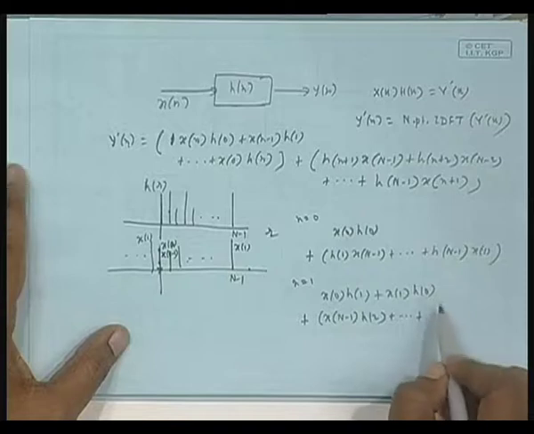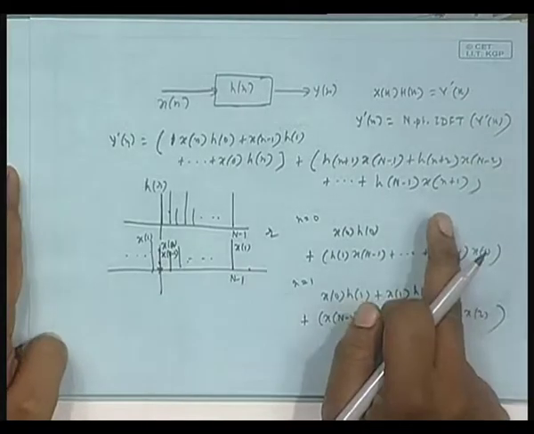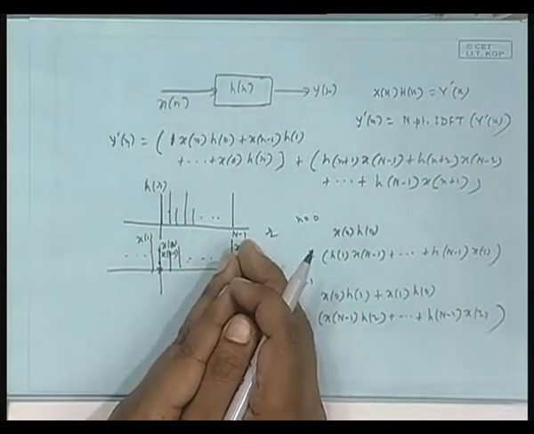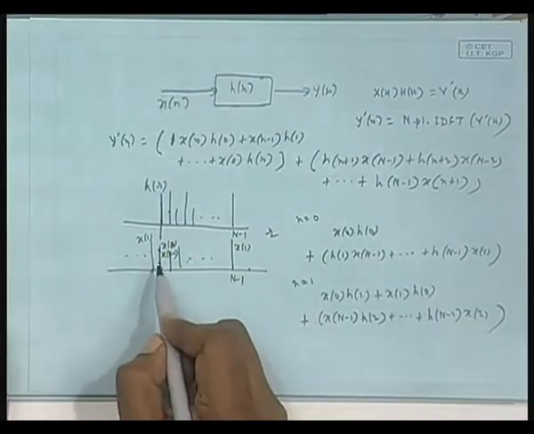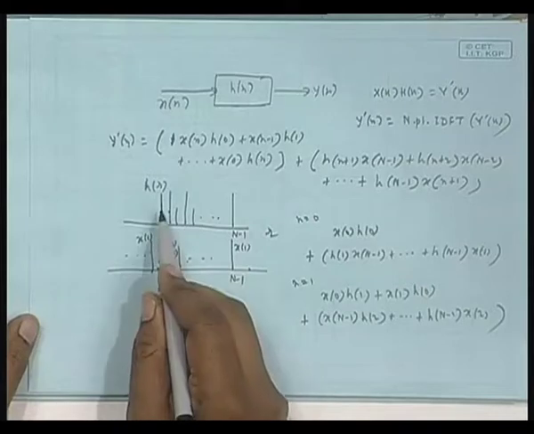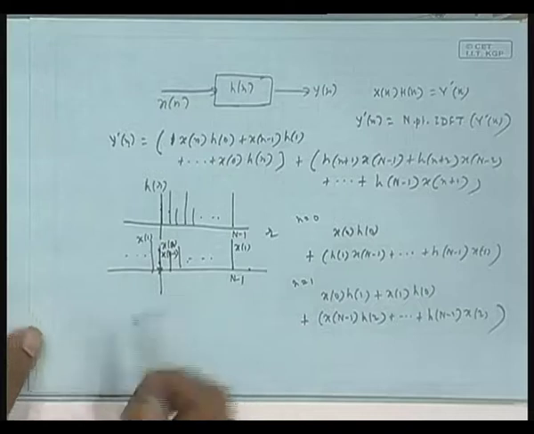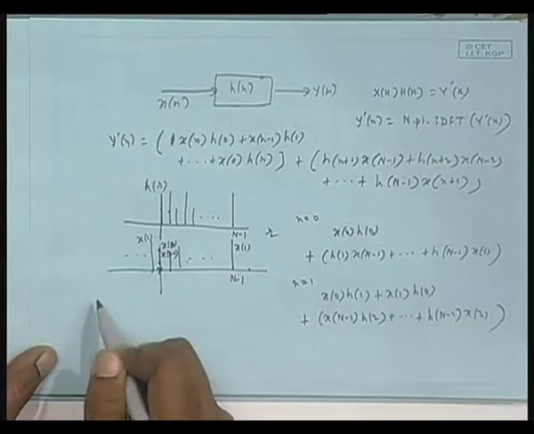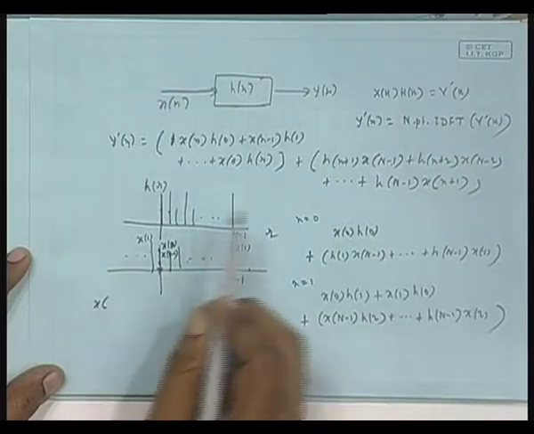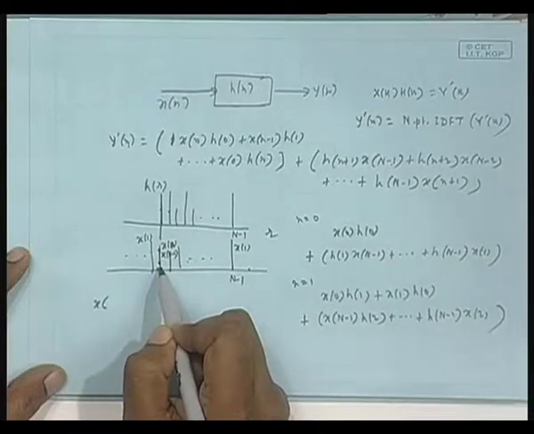So, you have got again this form. In general, now you can see, in general if you shift it to the right by n bits, x 0 will come below h n, and therefore, below h 0 will be x n, the distance is the same. So, that part will obviously be x n h 0, x n will be here, is it not?